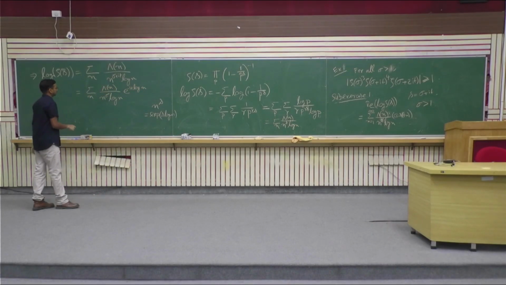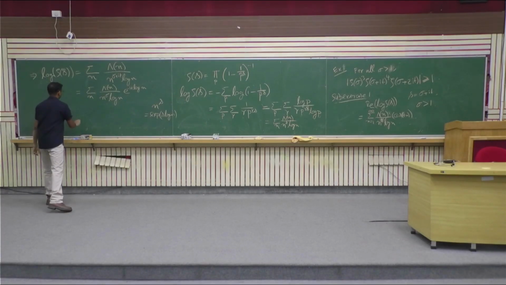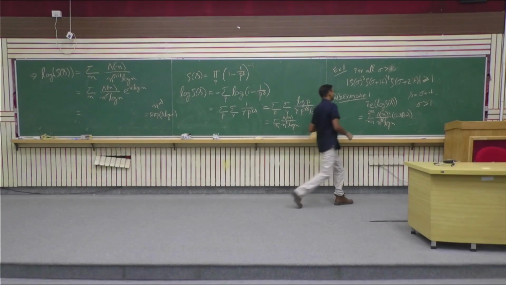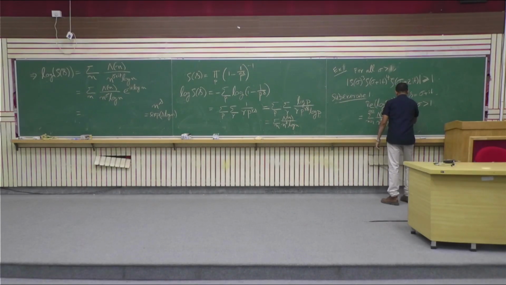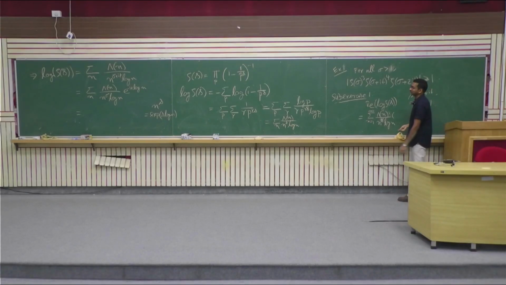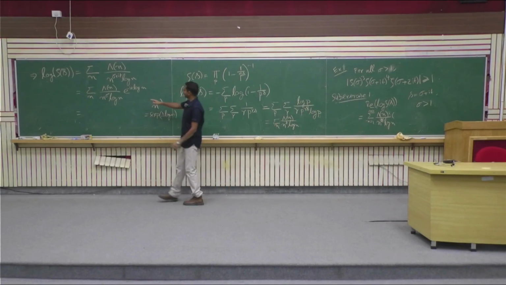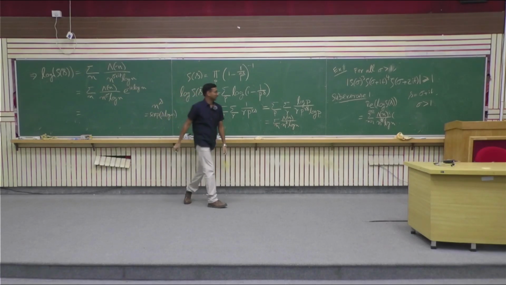Okay, I see there is another mistake. Unless you do the exercise, you couldn't figure out where the thing is. The angle here is t log n, so it should be cos t log n.